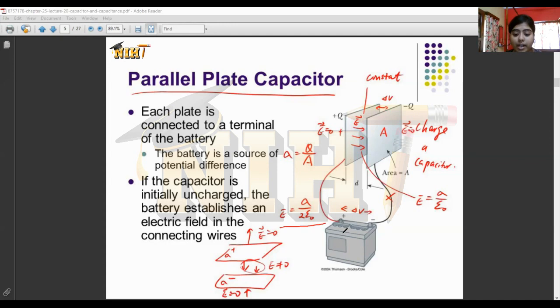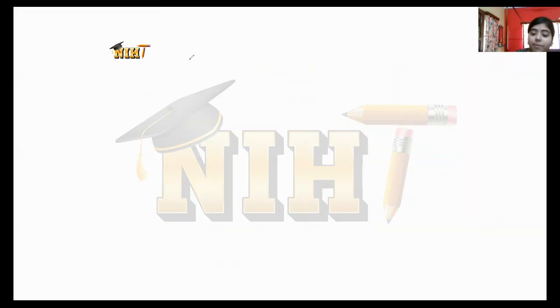Let us first see how to calculate the electric field intensity due to a plane sheet of charge. From that you will understand this expression very easily. Let me start the whiteboard, share the whiteboard, then I will discuss.